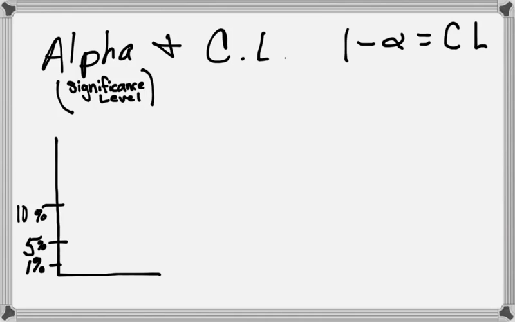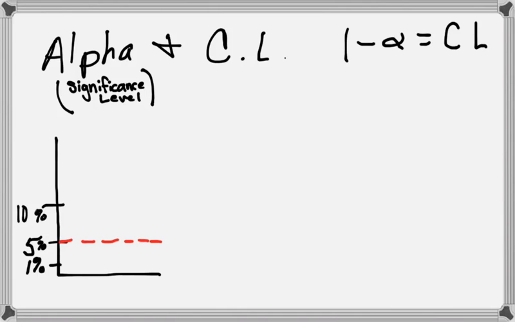Someone else may look at your same results and say, I don't think so. So you need a line drawn to say, this is my threshold. And I'm just going to pick 5% because that's usually what we talk about. It is not magical. There's nothing special about 5%, but studies have shown that when things happen less than 5% of the time, people feel like that's a rare event.